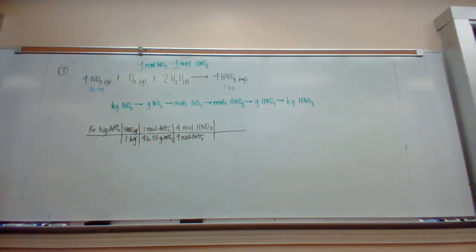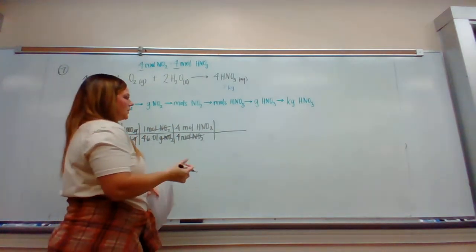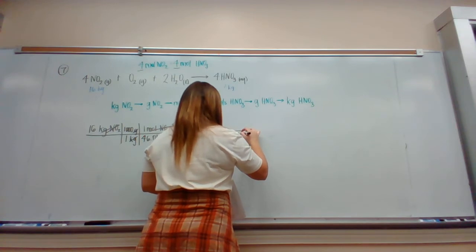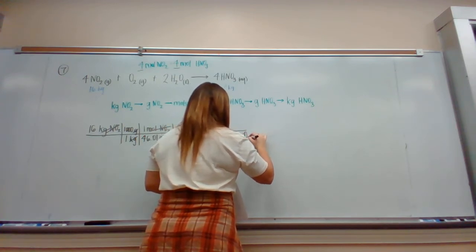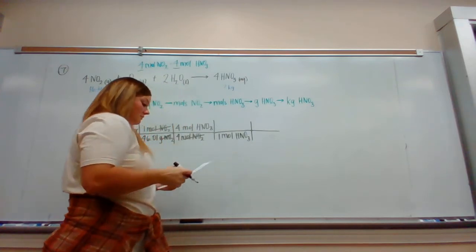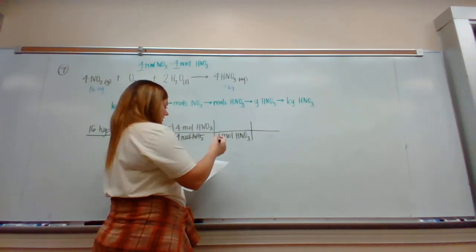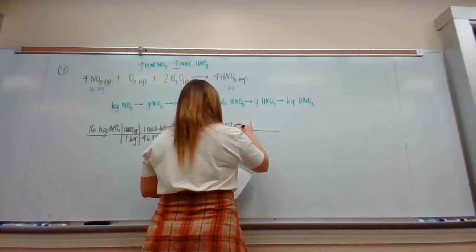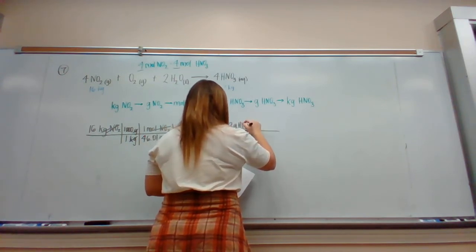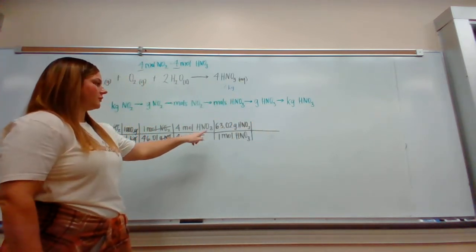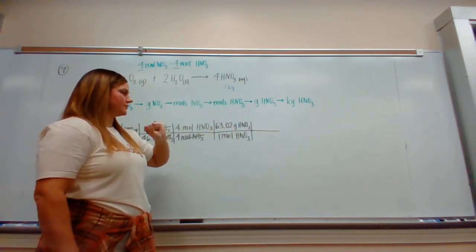Next thing, find the molar mass of HNO3, and I can convert that mole to gram. I found the molar mass to be 63.02 grams.